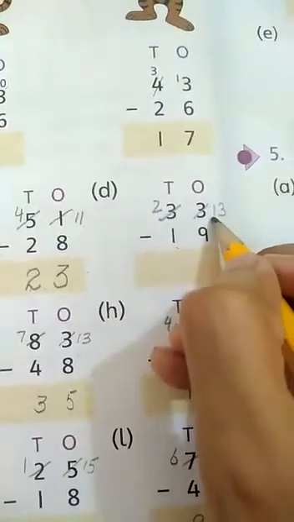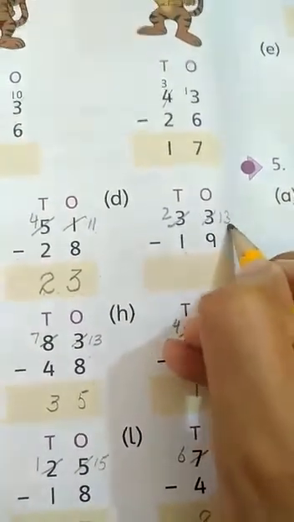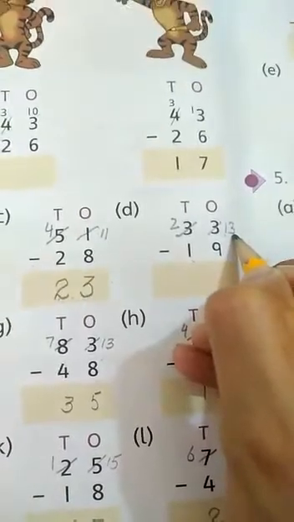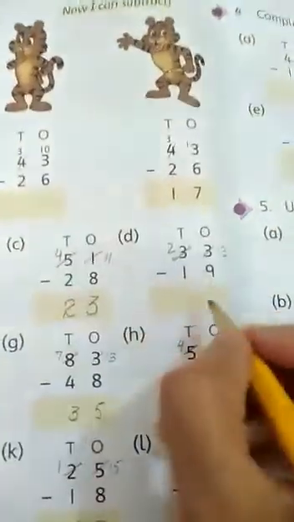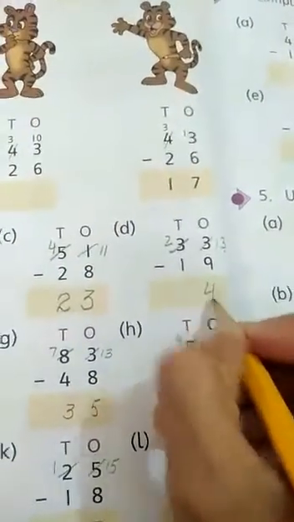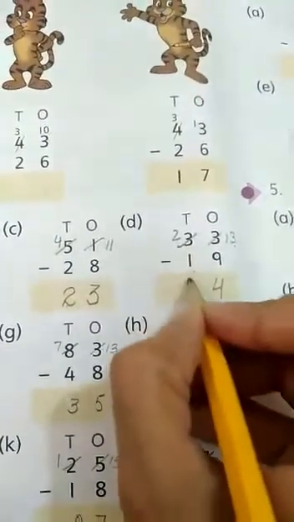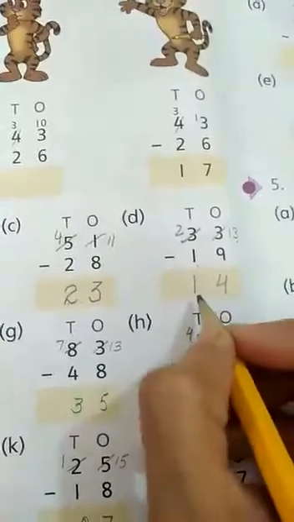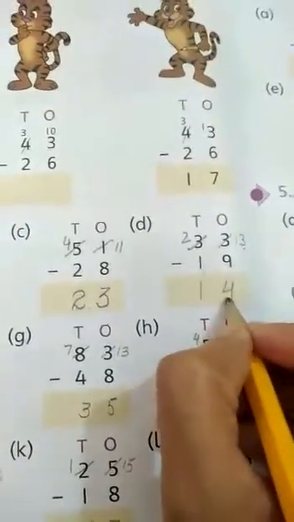So 1 tens and 3 ones is equal to 13. So 13 minus 9 is equal to 4 and 2 minus 1 is equal to 1. So now we have 1 tens and 4 ones is equal to 14.